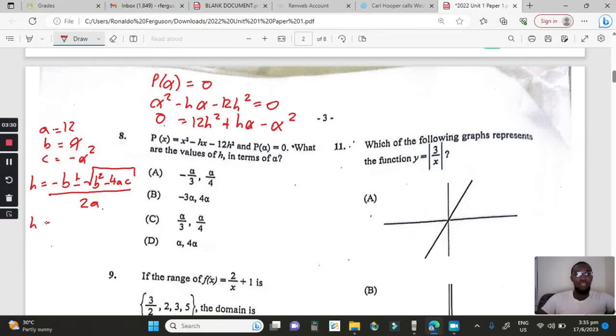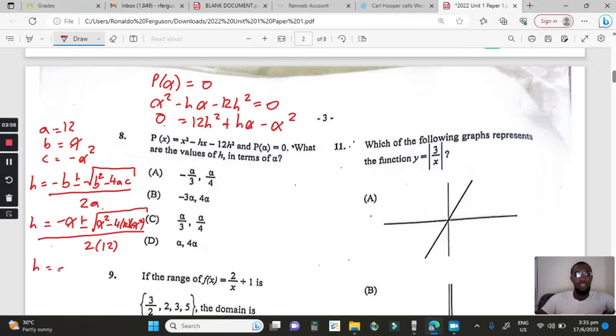And so h is going to be minus b, so minus alpha plus or minus the square root of b squared, so that's alpha squared minus 4 times a times c, so 4 times 12 times minus alpha squared. And then we're going to divide it by 2 times a, so 2 times 12.